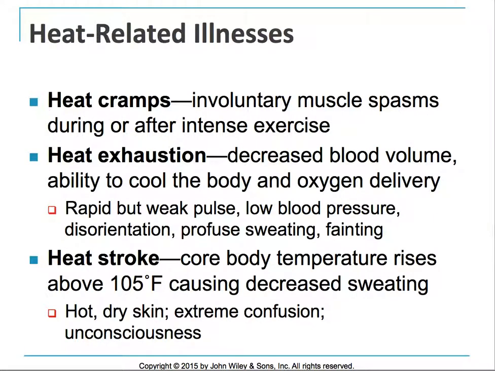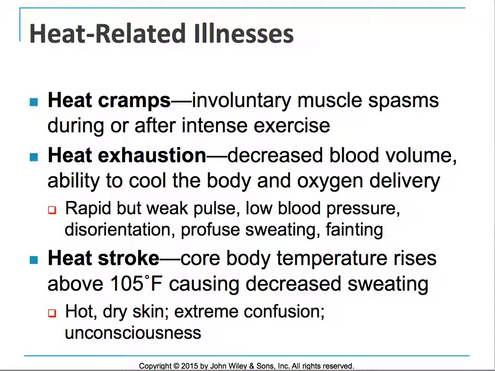So heat-related illnesses include heat cramps, which are involuntary muscle spasms during or after intense exercise. Heat exhaustion, which is defined as decreased blood volume, decreased ability to cool the body, and decreased oxygen delivery, is characterized by a rapid but weak pulse, low blood pressure, disorientation, profuse sweating, and fainting.